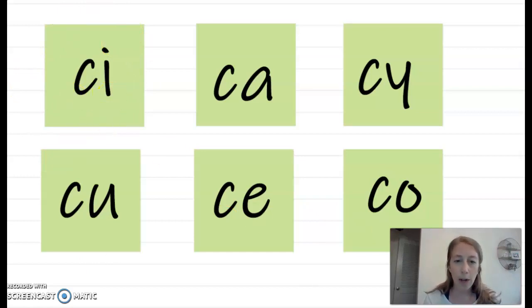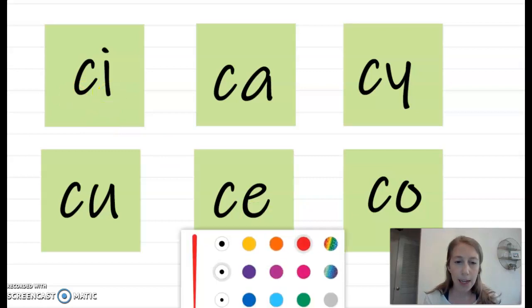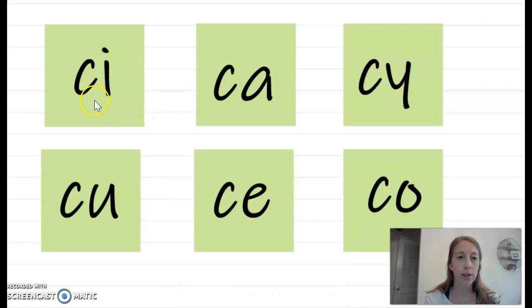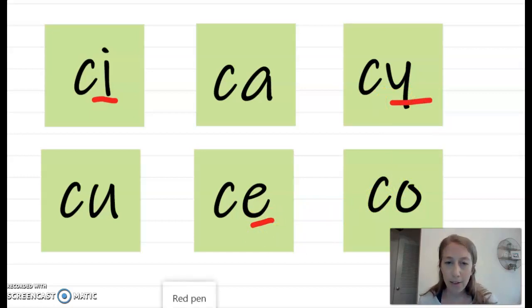I'm going to look for the ones that have the E, the I, and the Y. Those spellings, those vowels are telling me that that C is going to make a soft sound, okay? So this one will say S. This spelling would say S.